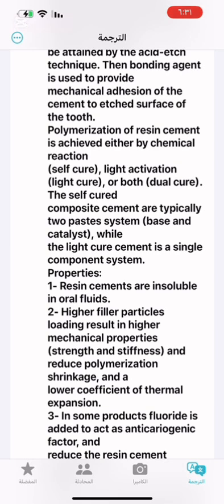Dry and cool glass slab is used for mixing. The cooling slows the chemical reaction and thus provides longer working time.